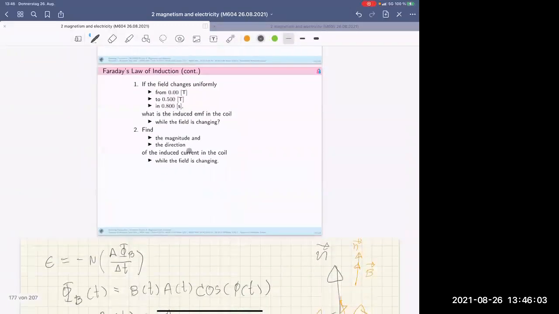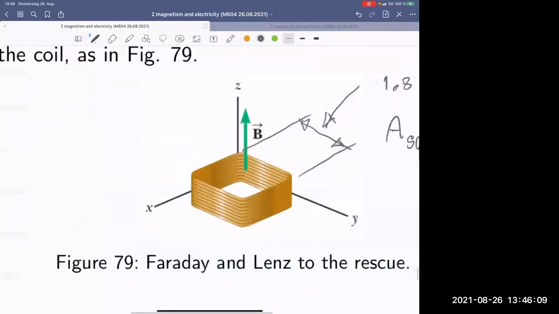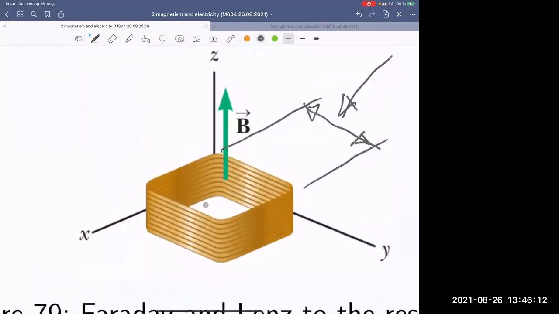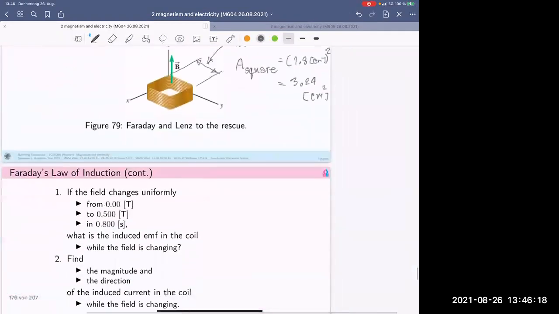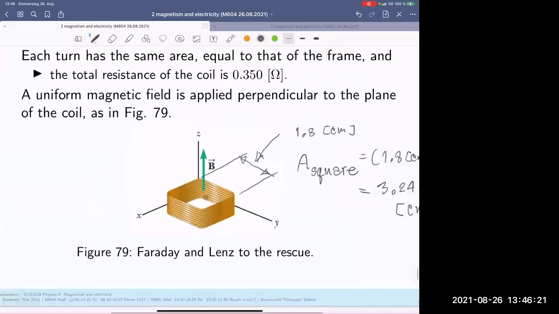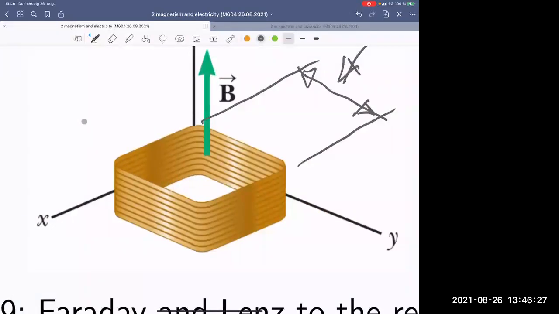The second quantity is the direction, right? What do you think then? In order to get the current movement, the direction of the current or induced EMF should be, because there is magnetic flux change in this area, so delta phi B is going to be in this direction, right?